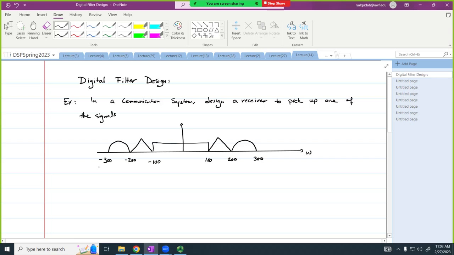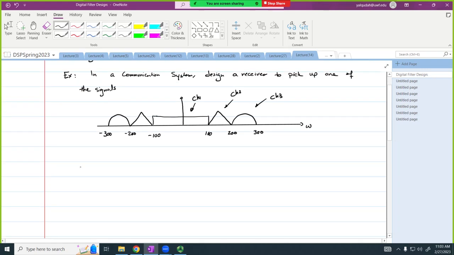Okay, and the channel that we want to build is, so we have 3 channels. This is channel 1, this is channel 2, and this is channel 3. And the channel that we want to pick is the second channel. So I want my receiver to receive or process this part of the spectrum. So what do we have to do? We're going to design a bandpass filter.